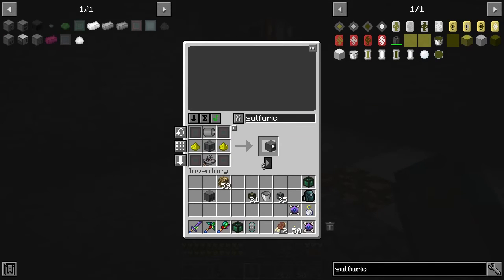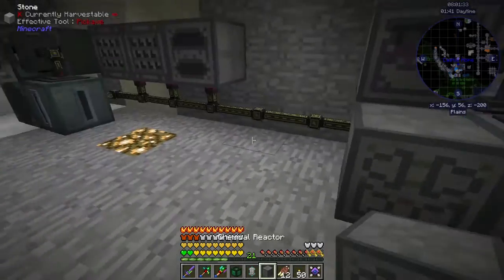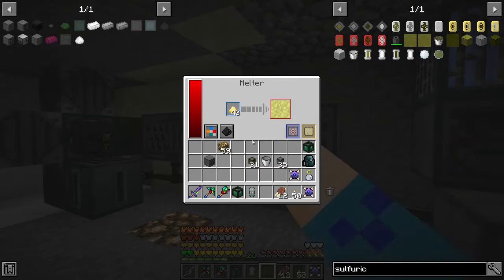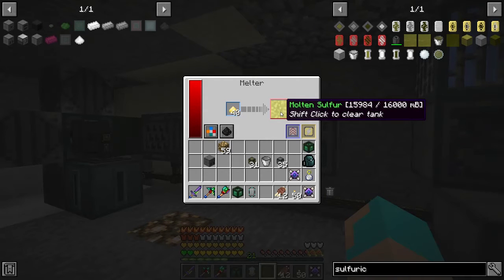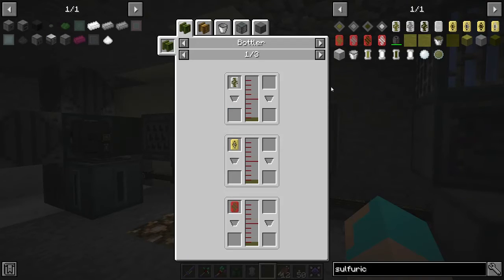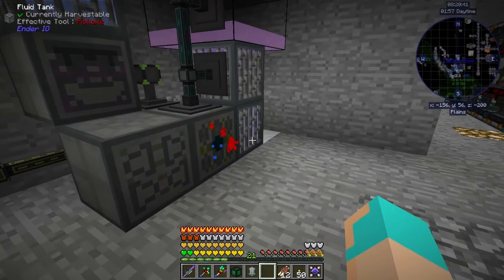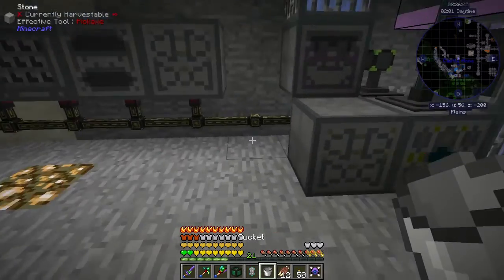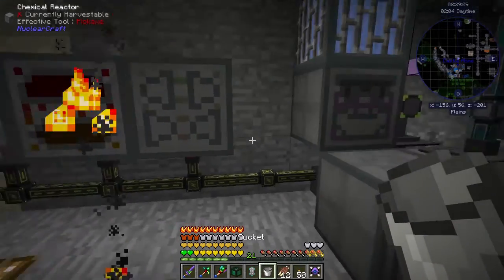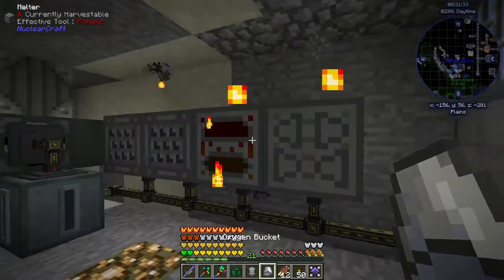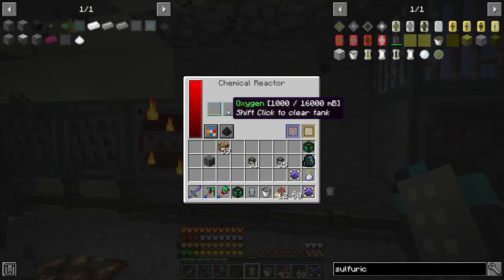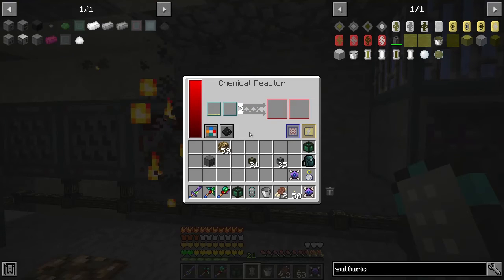Alright, so there's the chemical reactor. This chemical reactor will take the molten sulfur and oxygen. So alright, so that should be making both of those, right? Yes.